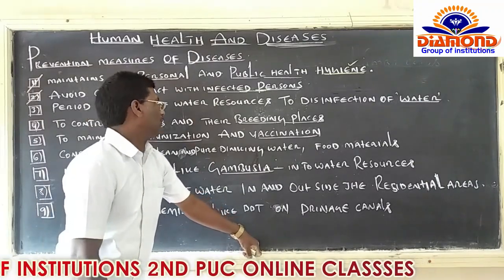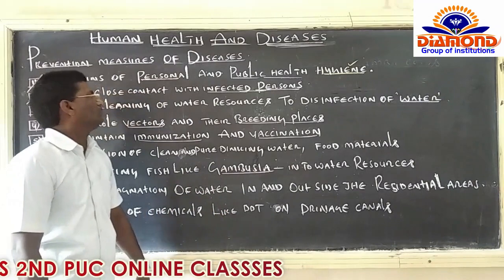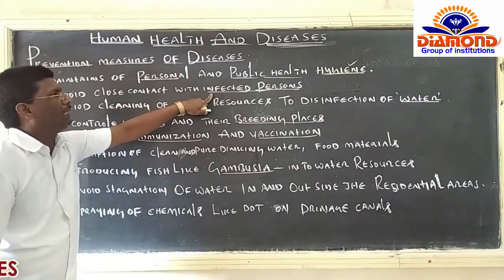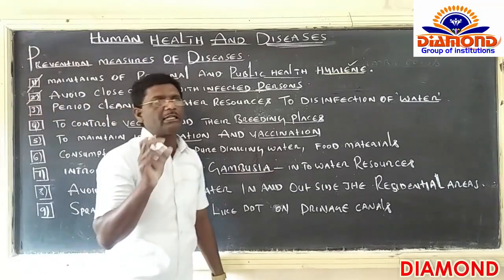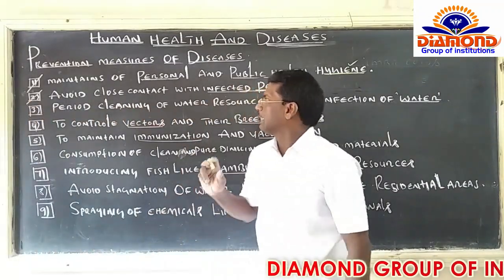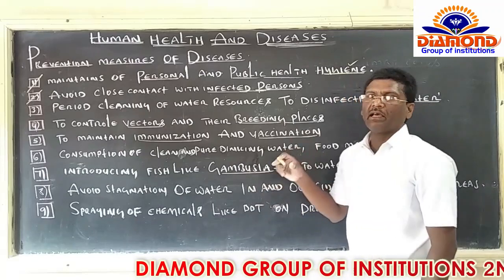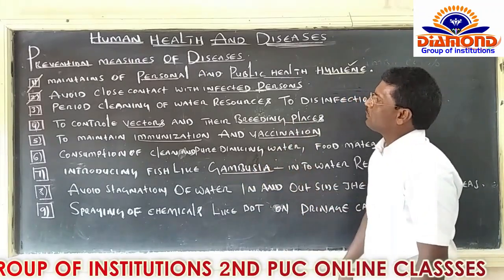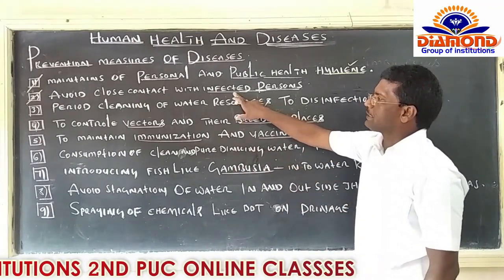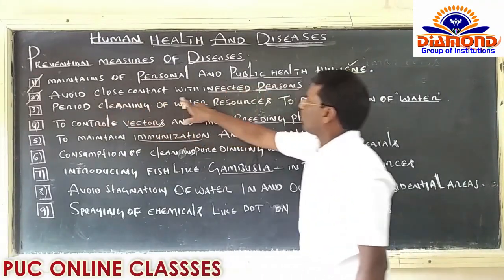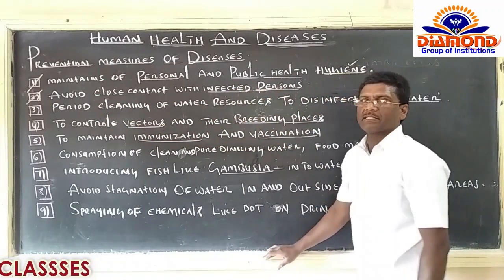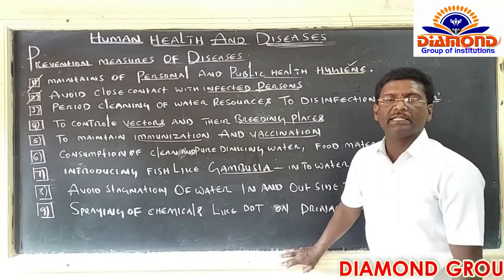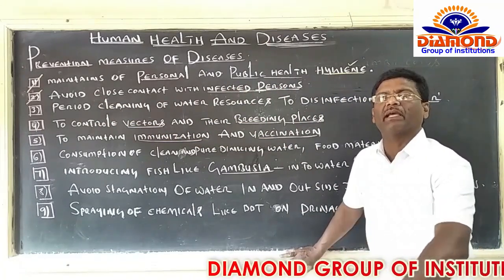So if you are very close to a pneumonia patient or a person with a common cold, these droplets can easily spread in the air, and from there they can reach a healthy person's body. So if you want to avoid such diseases, first of all avoid close contact with infected persons. If a person has a common cold or pneumonia, you have to stay a little distance away.